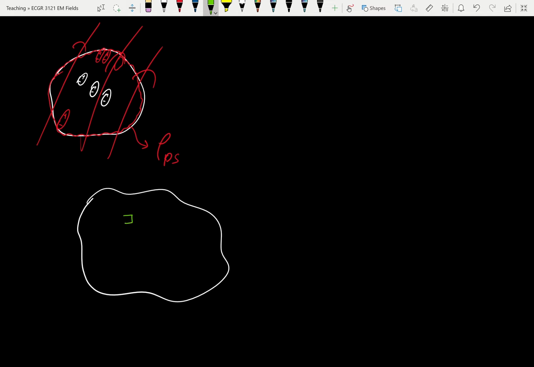This is the volume charge density. This is the dipole p dv hat. And then we said the point we're interested in is a distance r, right? And the vector is this way, r hat.